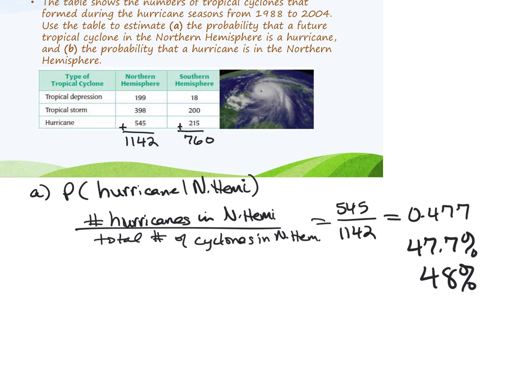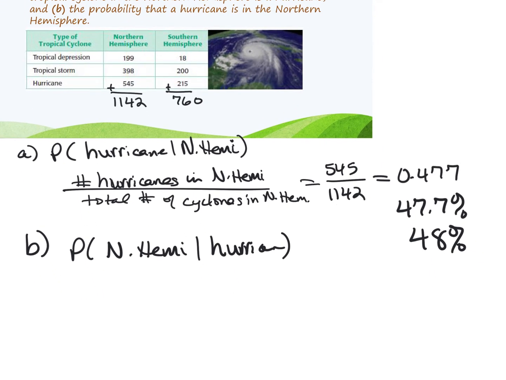For part B, they want to know the probability that a hurricane is in the northern hemisphere. So northern hemisphere, and it's a hurricane. So I'm going to go ahead and set it up as the number of hurricanes in the northern hemisphere. Same thing as before.